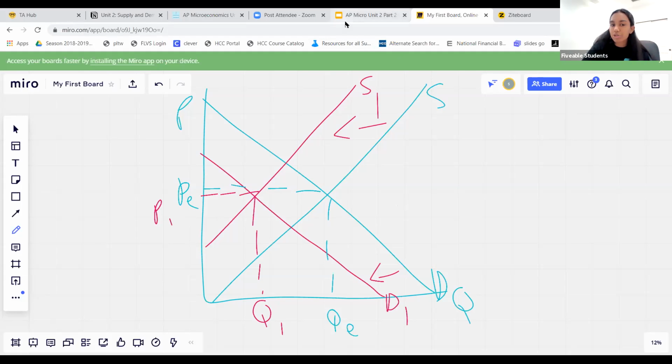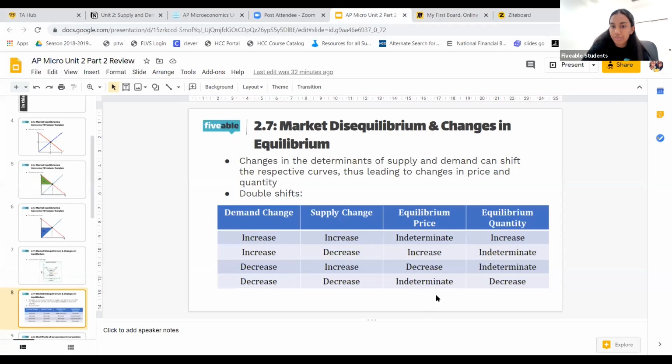And something special about double shifts is that there's always one thing that's indeterminate. When demand and supply shift, obviously price and quantity change, but when both of them shift at the same time, at least one of those things will be indeterminate.